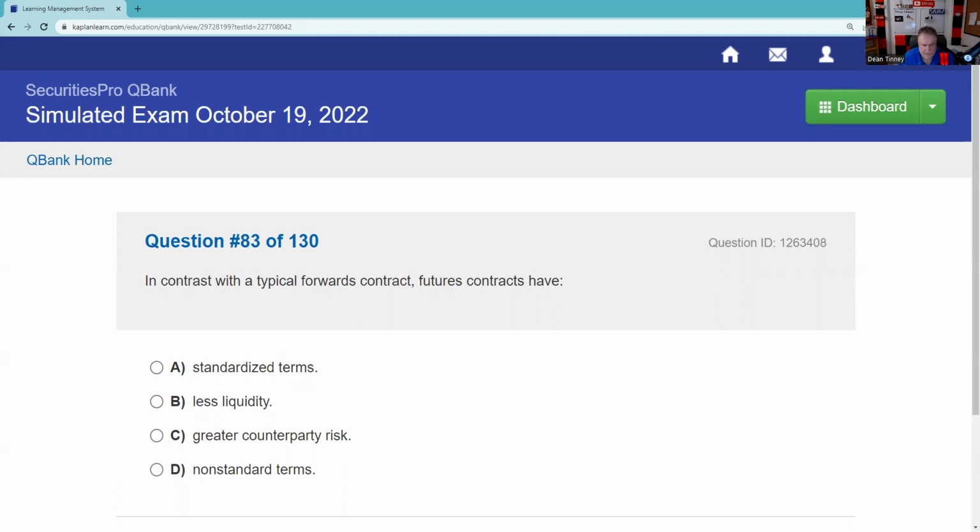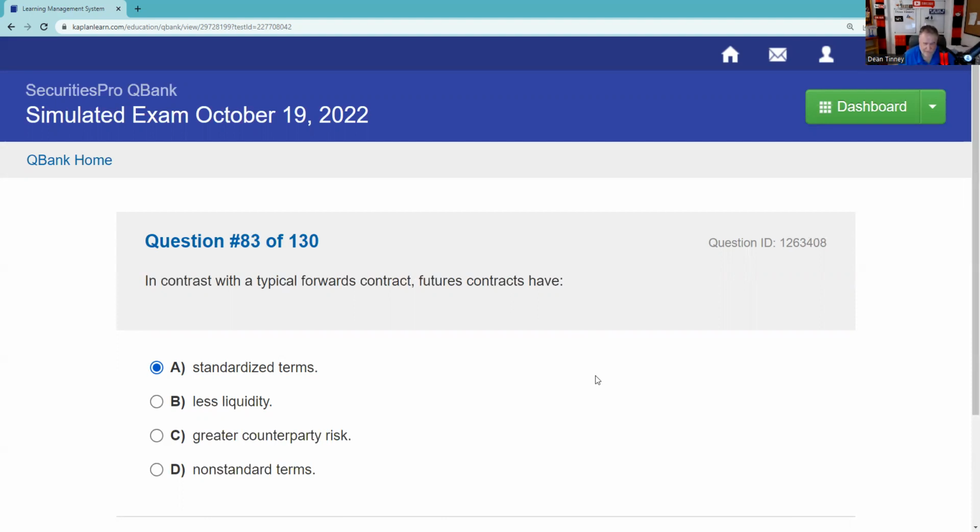Anyways, in contrast with typical forwards, this is very much a test question. Futures contracts have standardized terms. That's a neat thing, right? So a forwards contract does not. If I'm like a grain elevator and you're going to deliver grain to me, you have the risk that I can't pay you, and I have the risk, what kind of grain are you delivering to me? We both have counterparty risk, so that's no good.